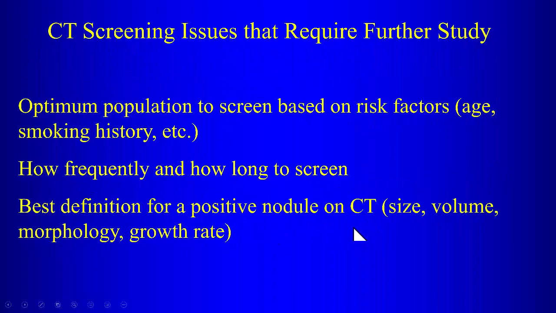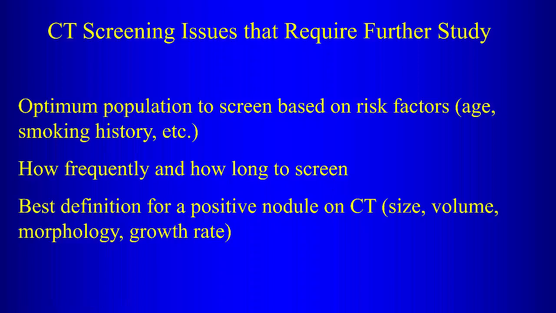Now, the issues that require further study that still need to be worked out: the optimum population to screen based on the risk factors, what's the optimal age to screen, and what smoking history. They've reduced it from 30 pack years to 20 pack years. Well, do we need to go any lower, et cetera? How frequently and how long to screen? So far we've been screening at 1-year intervals.